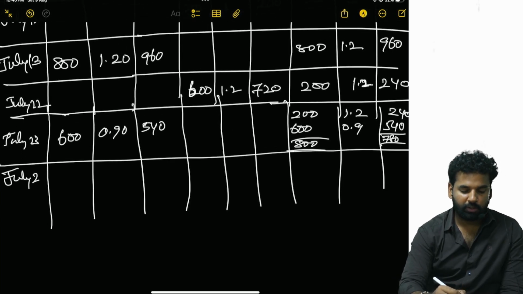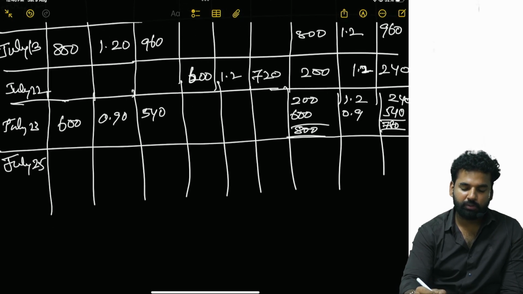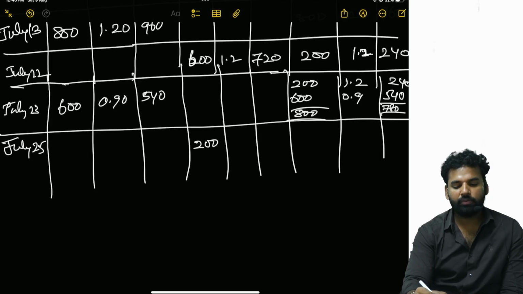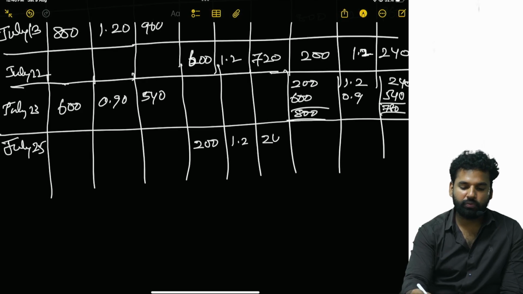Okay. Next, July 25th. What happened? Issue. How much? 200 units issued, out of the 800 units we have at 1.2 rate. How much? 240 rupees. Then what will be the closing stock? 600 of 0.9, 540.